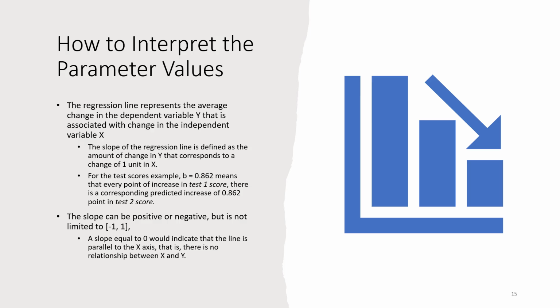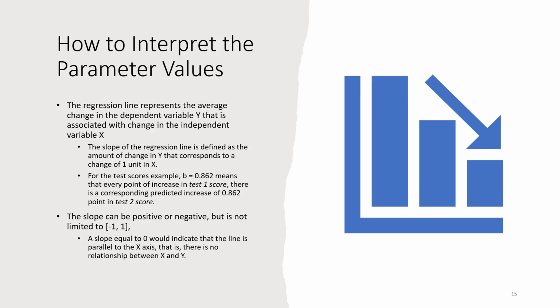In the test score example, B equals 0.862 means that for every point of increase in test 1 scores, there is a corresponding predicted increase of 0.862 in test 2 score.